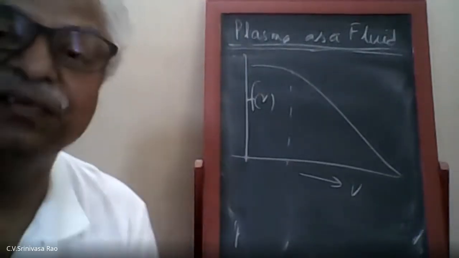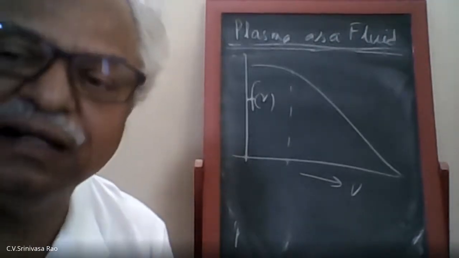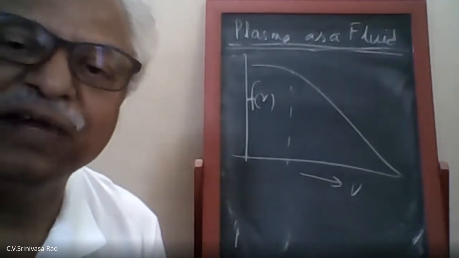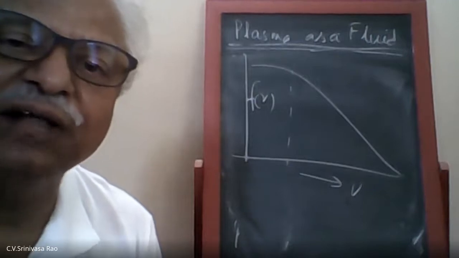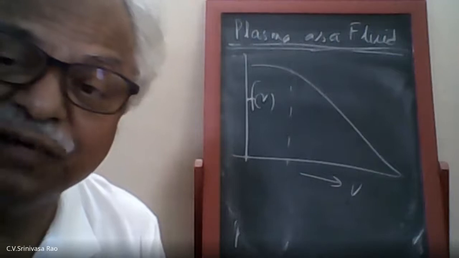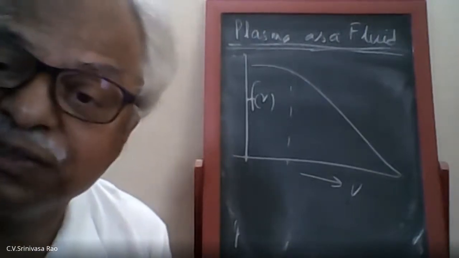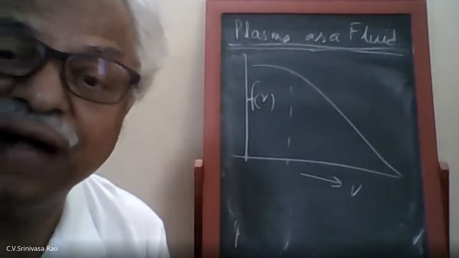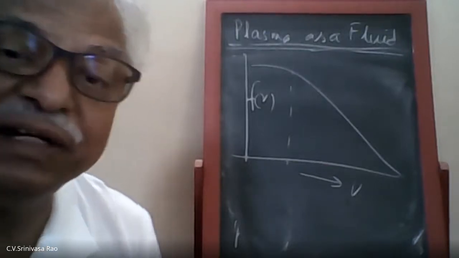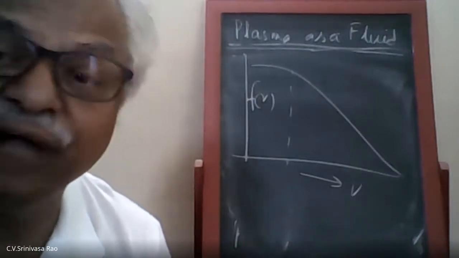Energy transfer, as you understand it, is basically through collisions between electrons and ions. But you can always have energy transfer between electrons and ions not by collisions. This is called Landau damping, which is basically a non-linear effect. We are not getting into that.